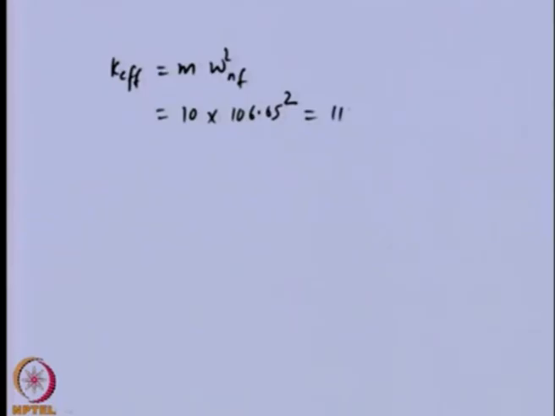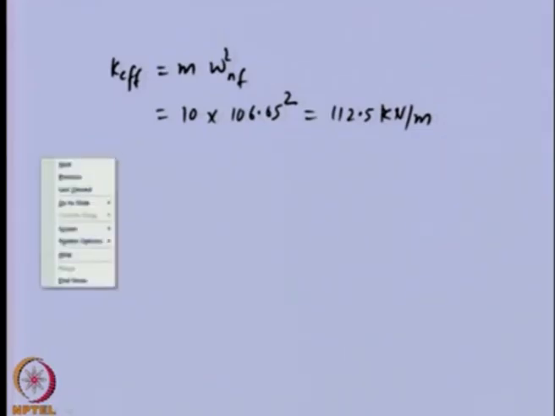This will give us 112.5 kilonewton per meter. So that means the natural frequency should not fall between this range.